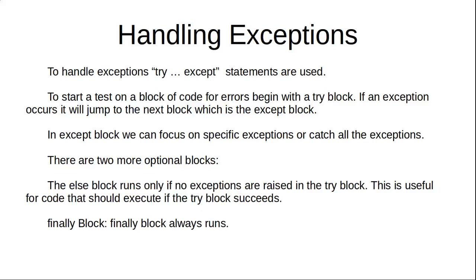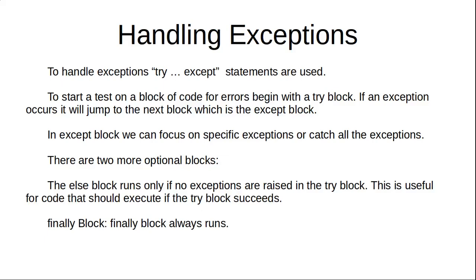Handling exceptions. In order to handle exceptions, try and except blocks are used. To start a test on a block of code for errors, begin with a try block. If an exception arises, it will jump to the next block, which is the except block. In except block, we can focus on specific exceptions or catch all the exceptions.